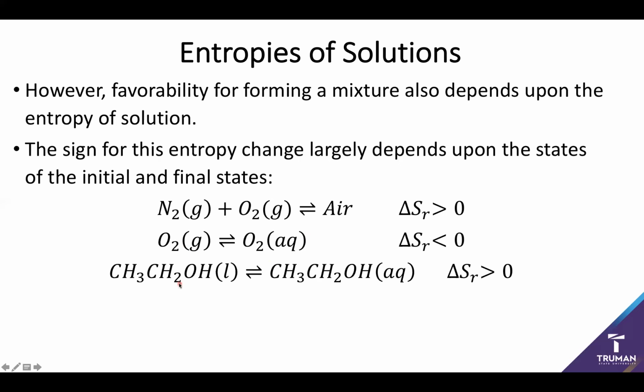Because much more common is if I imagine mixing together two liquids, similar to mixing together two gases, what I'll end up producing is a system with slightly higher entropy, as my liquid ethanol can expand into an environment of water. And similarly, if I'm going to be dissolving any solid in a liquid, this will always be an entropically favored process, as it goes from a very confined state to a very free one. So this makes it fairly easy to find the signs for the entropies of the system. However, the exact values can be a little trickier to measure.